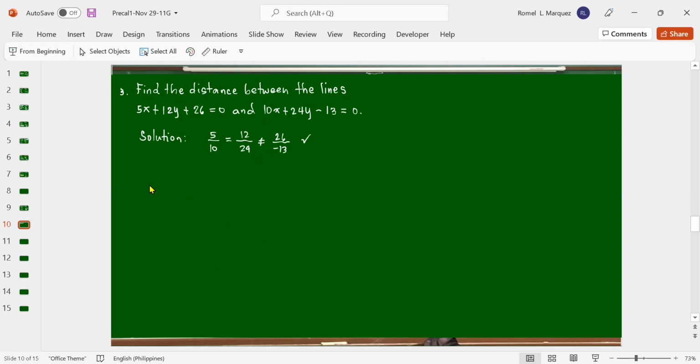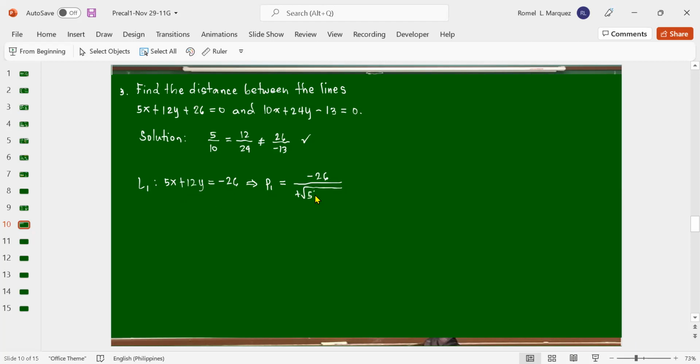So what's the P of the first line? Since we are just interested in the P, for line 1 we have 5x, no need to have the normal form, just the constant equals 26. So what is the P of this, children? P1 is what? Negative 26 over, remember, directed, huh? The positive radical because B is positive, no?